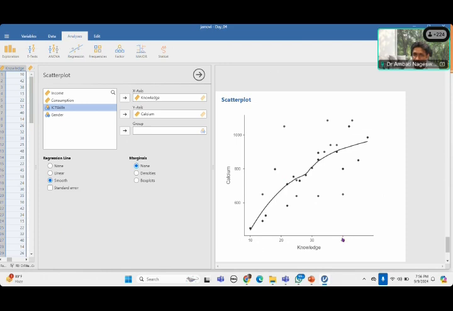Let's say the person who got 40 marks is getting around 680 calcium intake. There are a couple of people like that, but on average, it shows that if one variable increases, the other variable also increases. It means if the knowledge test score increases, calcium intake also increases here.